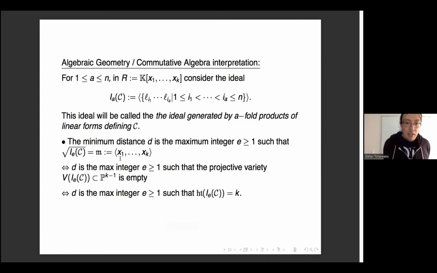And this is another way to characterize that the radical is this trivial maximal ideal: the height of this ideal is precisely K, the maximum value it can have.